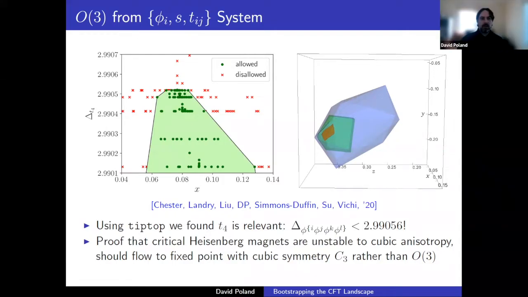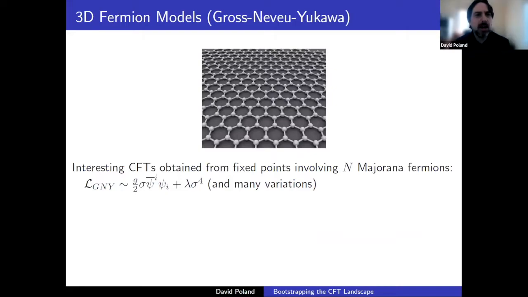All right, so I wanted to focus on models involving fermions. These are sometimes called Gross-Neveu or Gross-Neveu-Yukawa models. The simplest way to construct this kind of model is to take n fermions in 3 dimensions, or 2+1 dimensions, and couple them to a scalar field sigma through a Yukawa type coupling.